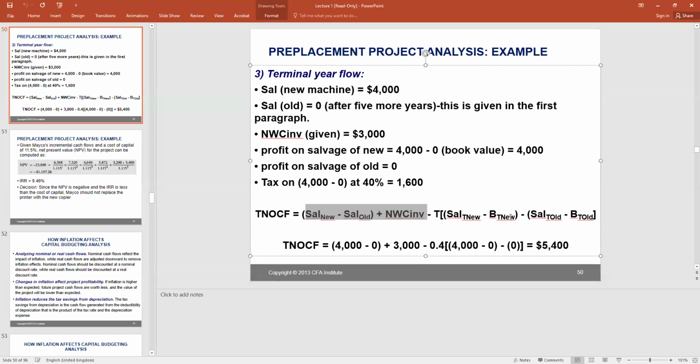Look here. You can see there is no problem, new minus old, but we did the same thing here, new minus old. Since we don't have book values at the end of the 10th year, we assume it's 0, so we directly subtract new minus old. If there was something remaining from the new equipment or the old equipment, maybe by structure it cannot be depreciated fully during the life of the project.